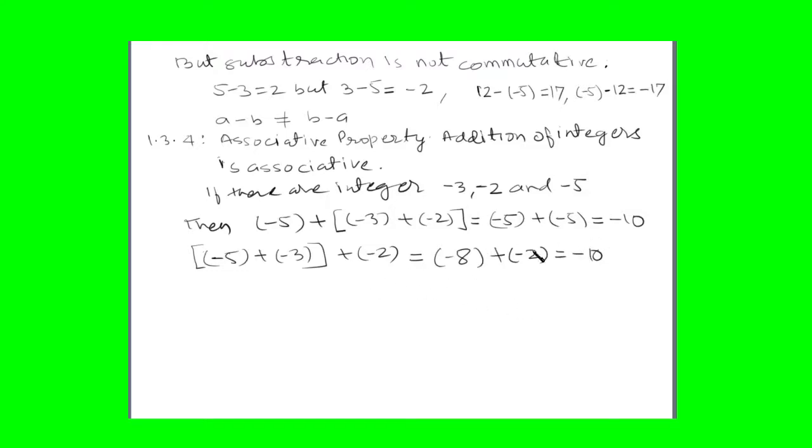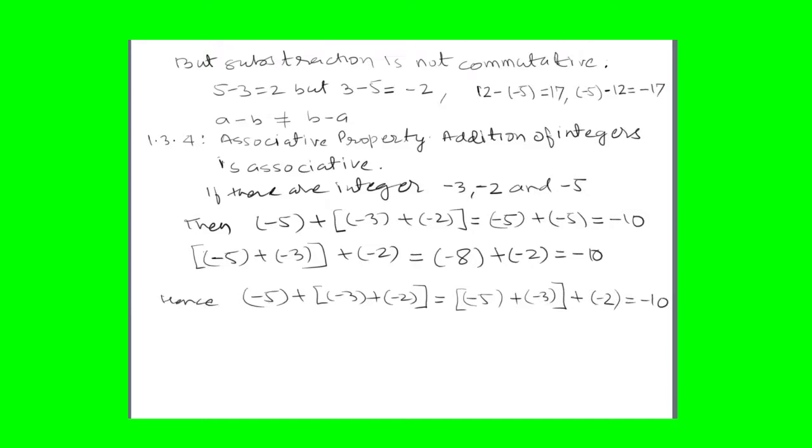So what we find in both the cases, we have got the same result. Hence, minus 5 plus minus 3 plus minus 2 is equal to minus 5 plus minus 3 in one bracket plus minus 2 equal to minus 10.